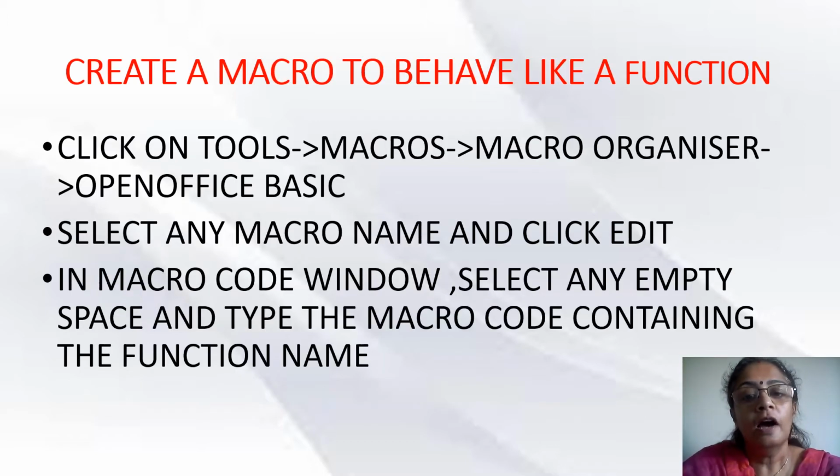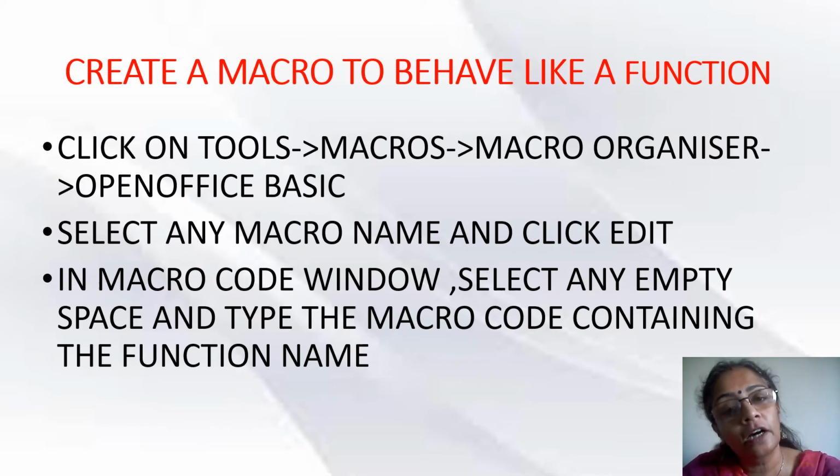So now let us understand how to create a macro that behaves like a function. We write a macro which acts as a built-in function. Now you will say that we already know what a macro is and we have already recorded a macro. So what is the difference between what we are doing now and what we did in our previous class?